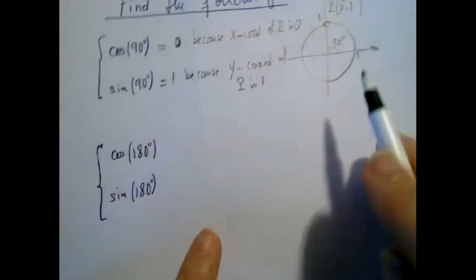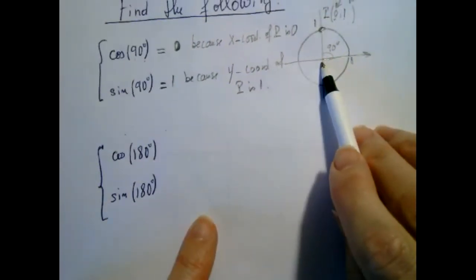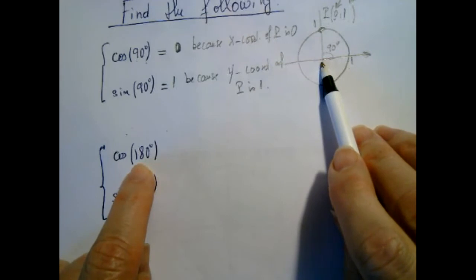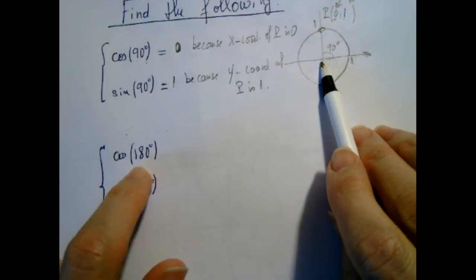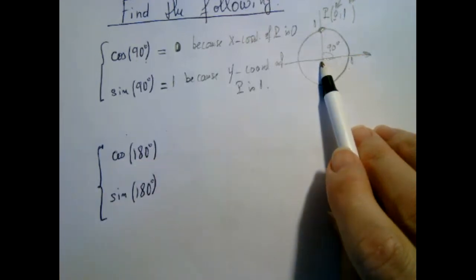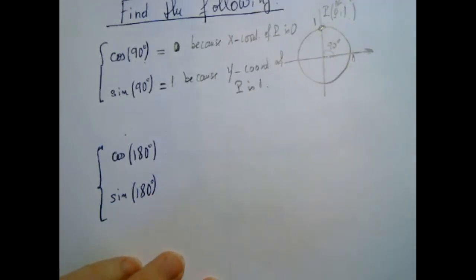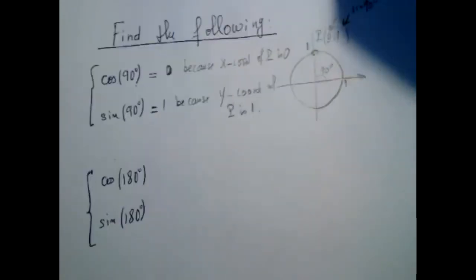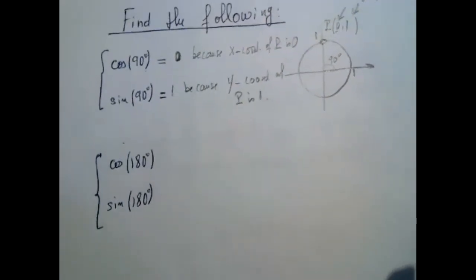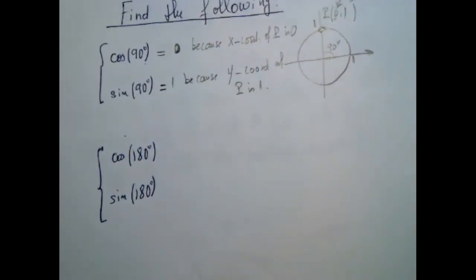What does it mean? You take the point on the unit circle that corresponds to the angle 180. You find its x and y coordinates. Its x coordinate is the cosine, that's the definition. That's how we define it. And the sine is the y coordinate. So I give you a minute to give me values. Every one of you is responsible. I'm going to pick one of you to give me the values.